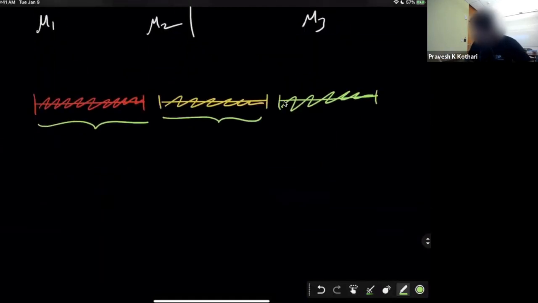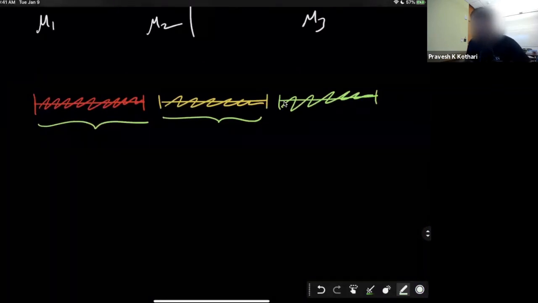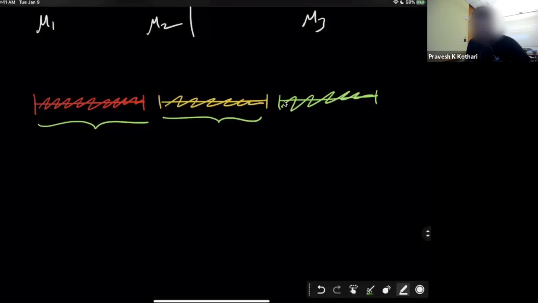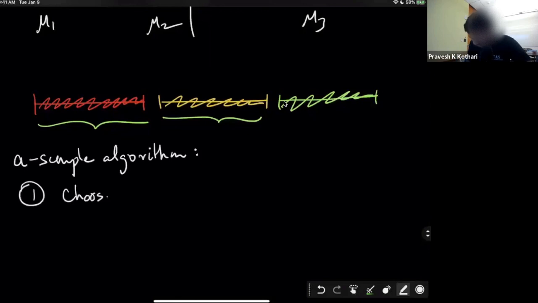So I just want to point out that this 1D setting is not hard at all. Even though we are going to focus a whole lot on solving it today using a more complicated algorithm, this setting is not at all hard, okay? So in particular, a simple algorithm actually works for this problem. Choose a random point.